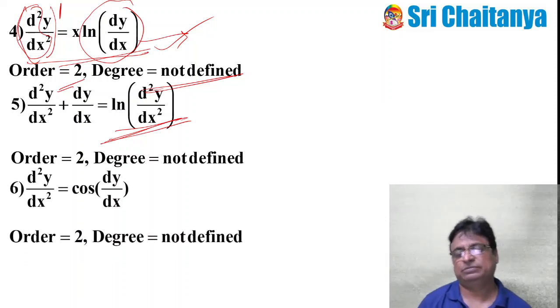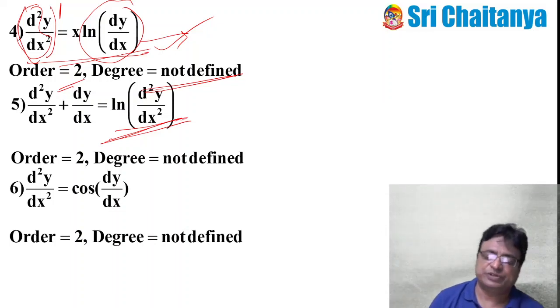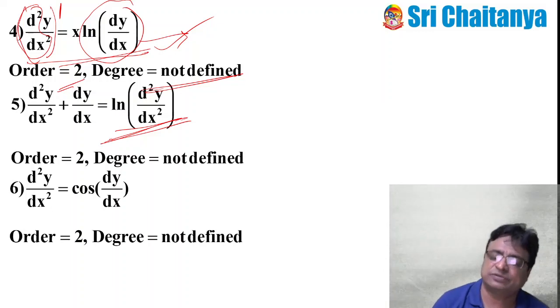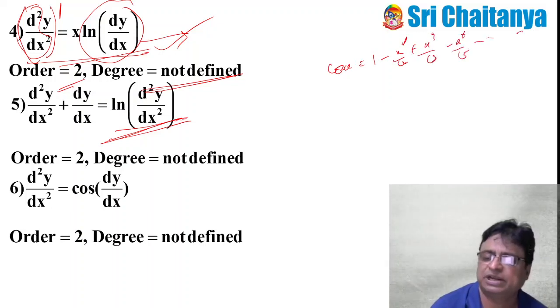Now coming to the sixth one, d square y by dx square is equal to cos of dy by dx. The same thing holds for cos also. For cos x, the expansion is 1 minus x square by factorial 2 plus x power 4 by factorial 4, something like that.